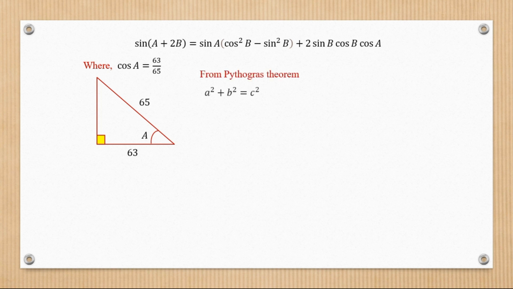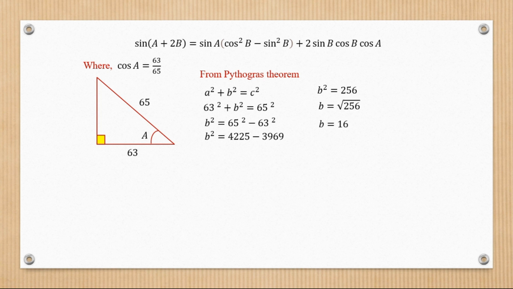From Pythagoras theorem, a squared plus b squared is equal to c squared, we will have 63 squared plus b squared being equal to 65 squared. So b squared shall be equal to 65 squared minus 63 squared, of which 65 squared is 4,225 and 63 squared is 3,969. When you subtract that, we'll have b squared being equal to 256, and then the square root of 256 shall be equal to 16.